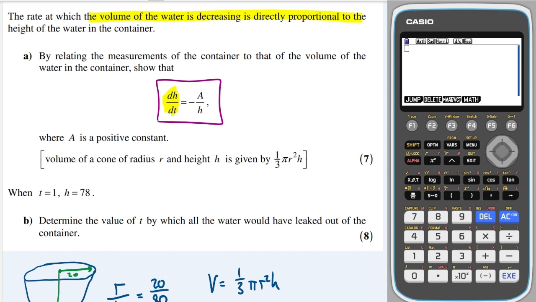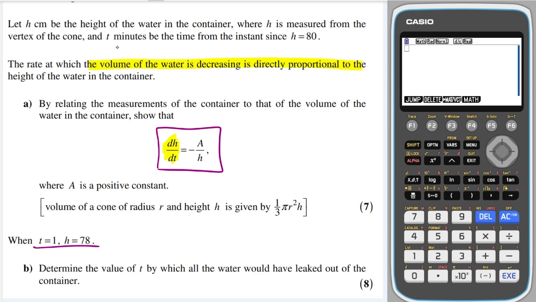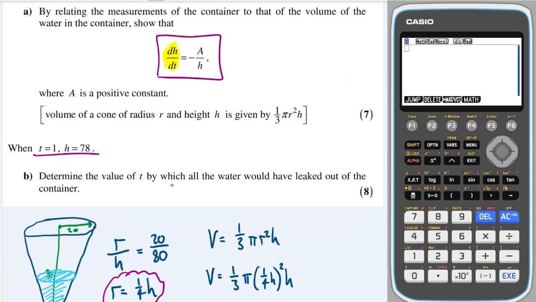Okay, and now it gives us a condition. That's useful. But we're going to need another condition because we're going to have two constants, and I think we can use the initial one. Determine the value of t by which all the water will have leaked out.